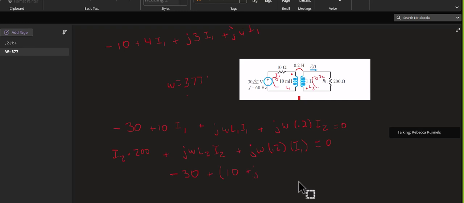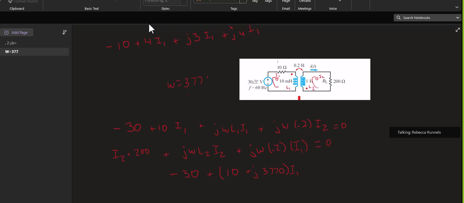So plus J 3,770 I1. What? It's 10 milli, so it's 3.77. It's 10 millihenries. I was looking at the wrong one. I was thinking that L was 10, but L is 10 milli.